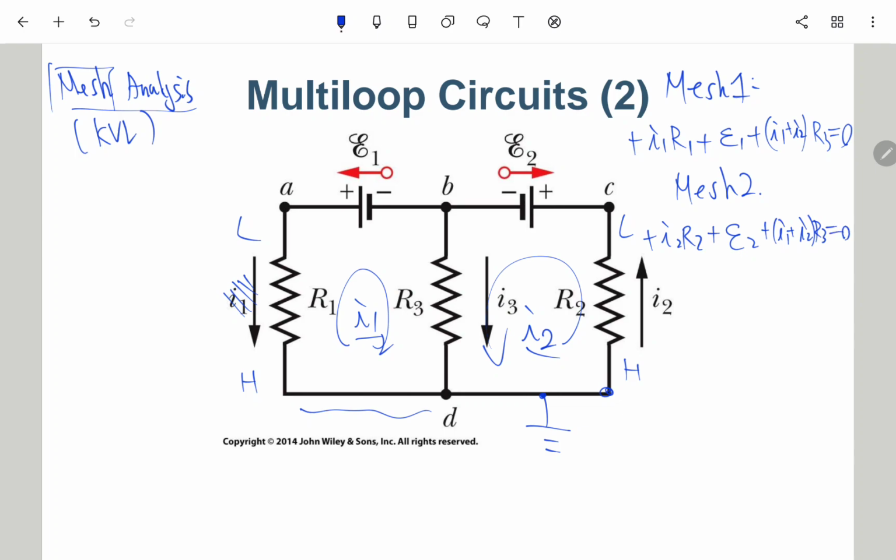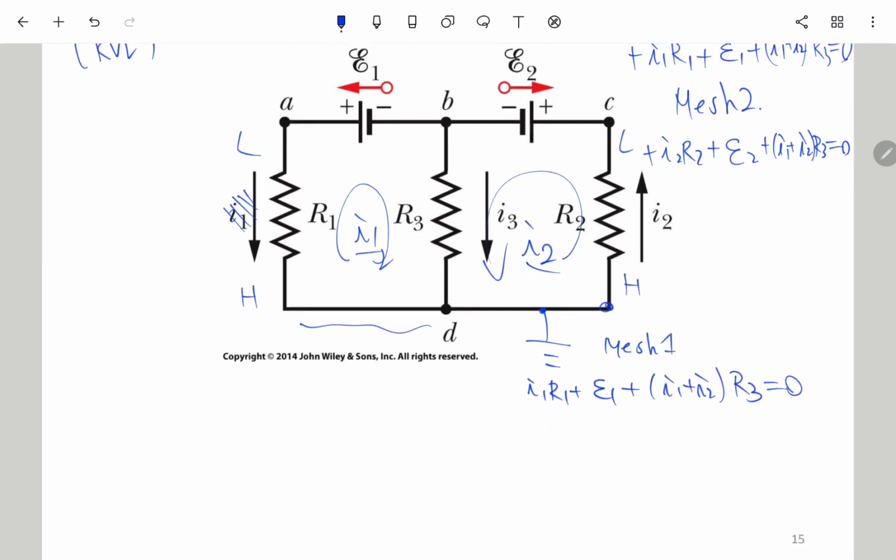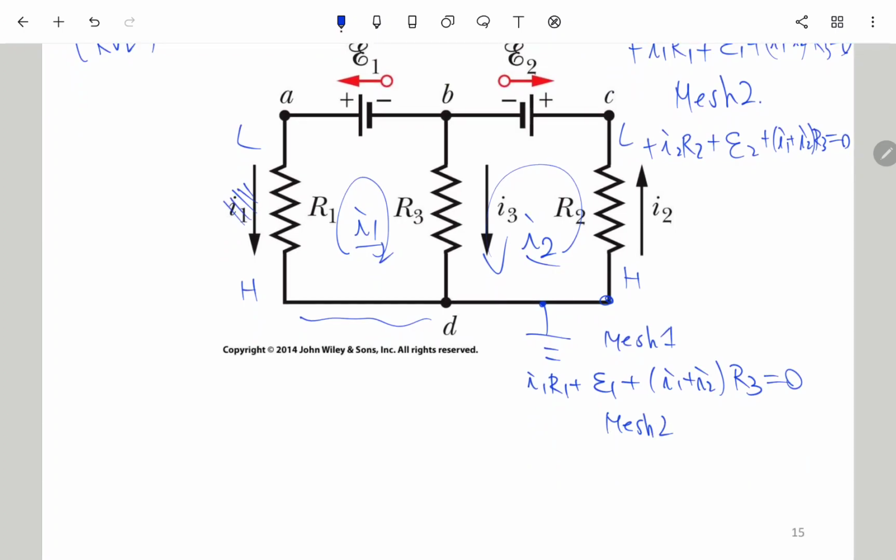So we have I1 and I2 as unknown variables and two equations, so we can solve for I1 and I2. Let me write it here: mesh 1 is I1 R1 plus E1 plus (I1 plus I2) R3 equals 0, and mesh 2 is I2 R2 plus E2 plus (I1 plus I2) R3 equals 0.